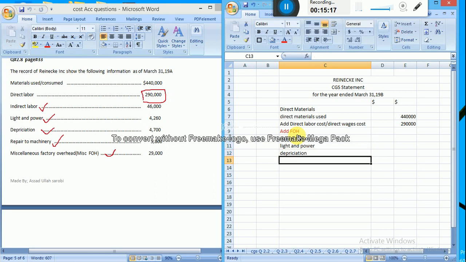Next one is repair to machinery, and miscellaneous factory overhead.